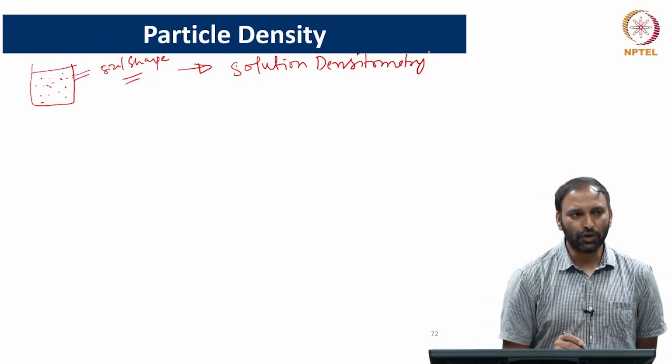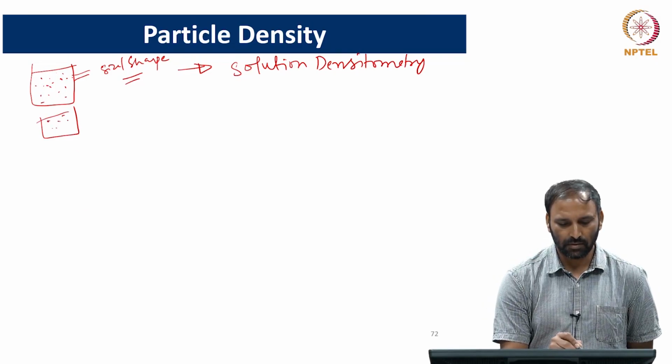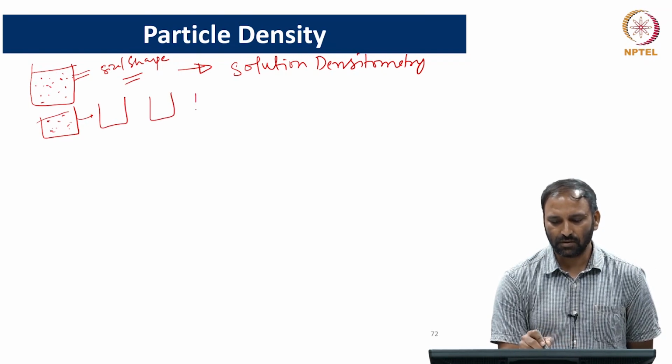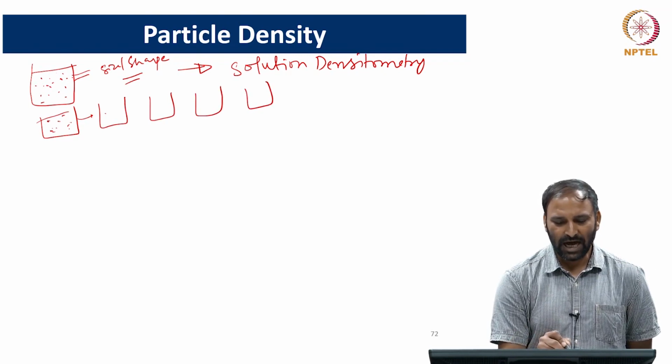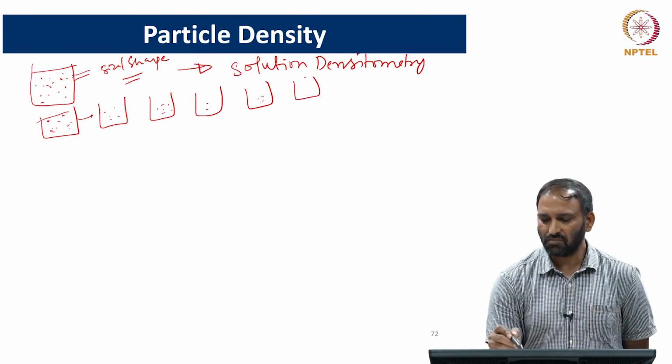okay, in which what you do is I take my dispersion of particles, okay, I prepare a series of solutions where I have particles of different concentrations, maybe a little bit low, and maybe without particles.